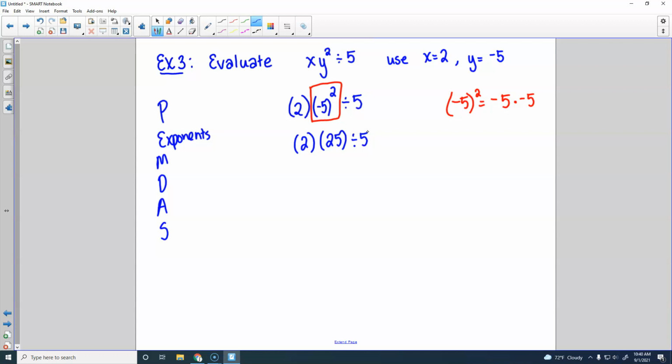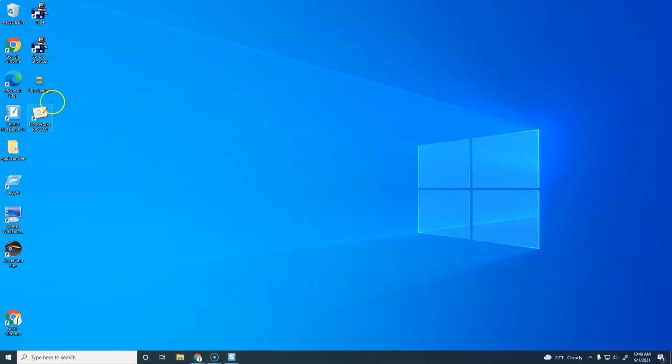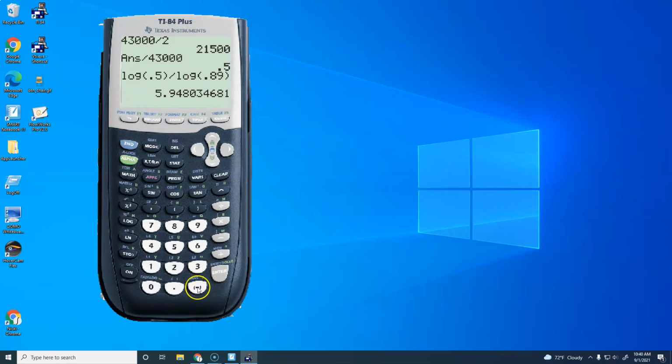Be careful with this, because you cheaters out there, you're sitting at your house, you're like, I'm sick of this, I'm not doing it anymore, I'm using the calculator. Negative 5 squared is negative 25. This is not right. The calculator is lying to you. Negative 5 squared is not negative 25.